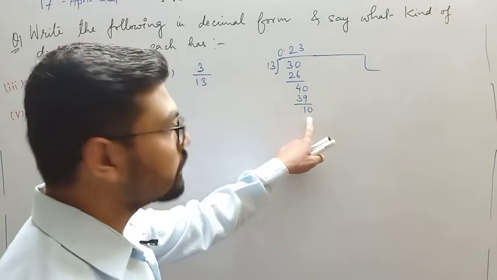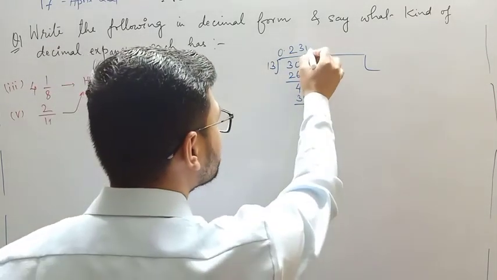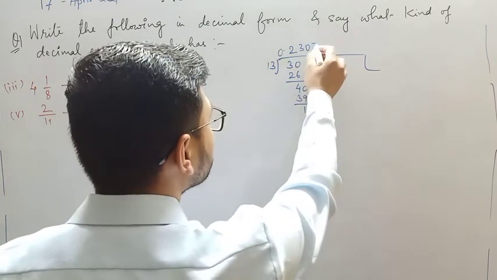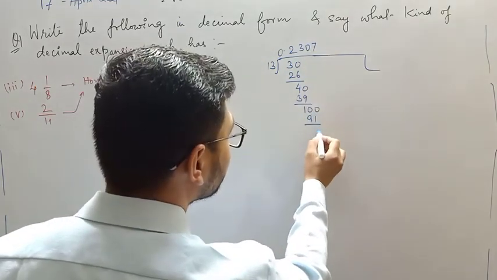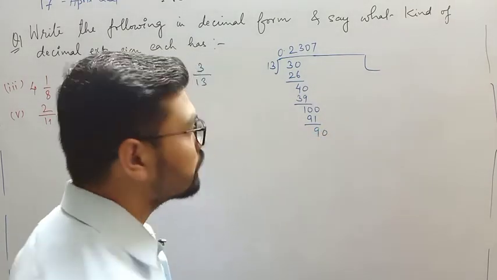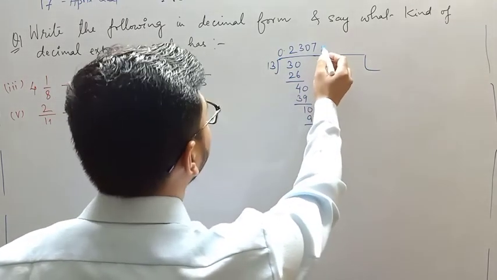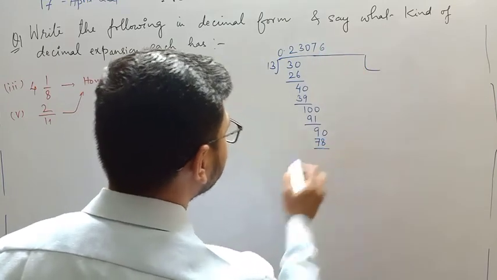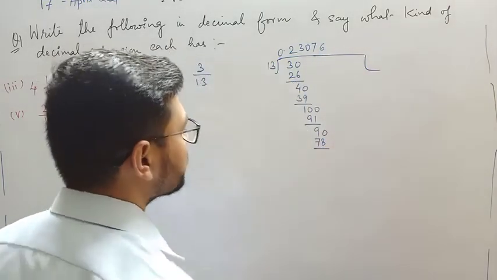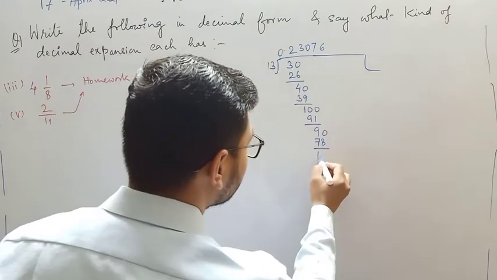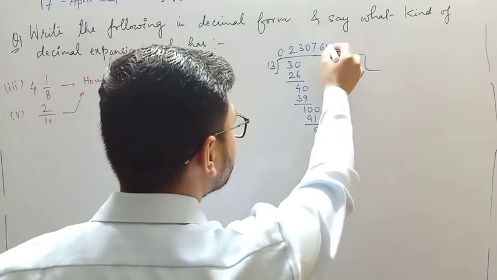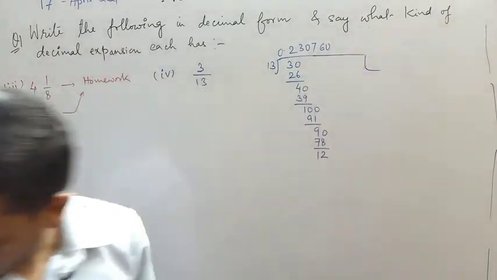Again this 10 is less than 13, so I just need to put 0 here. 13 7s are 91, 90. 13 6s are 78, and the remainder is 12. Again 12 is less than 13. Oh sorry, no need to put 0 here.